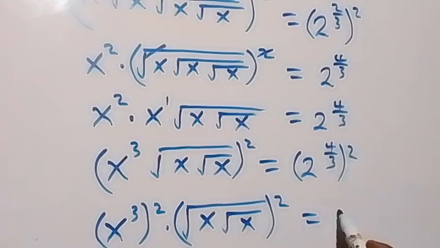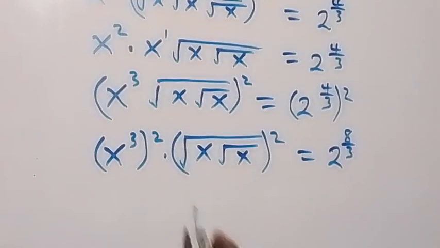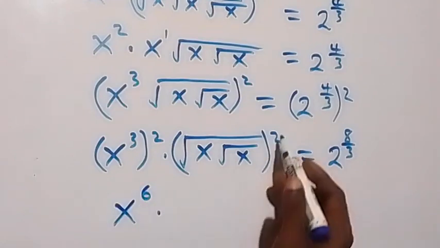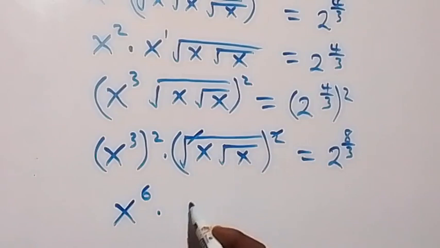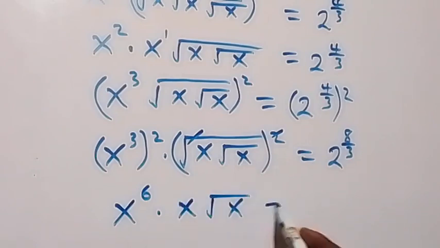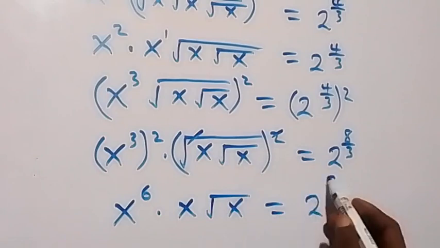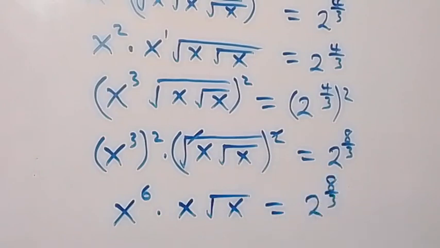This power multiplies again, we have 2 raised to power 8 over 3. Then also this power multiplies, we have x raised to power 6, then times square cancel square root, we have x, then root x, which equals 2 raised to power 8 over 3.